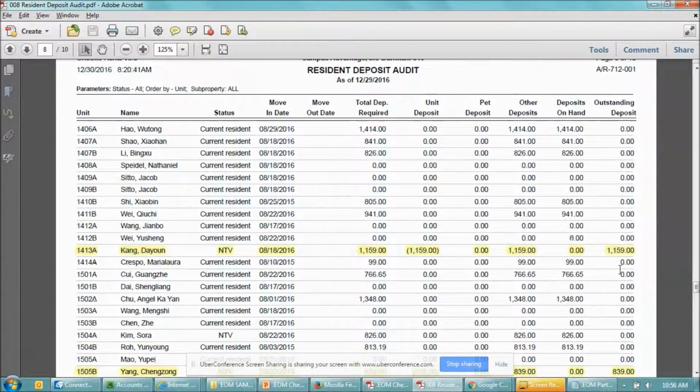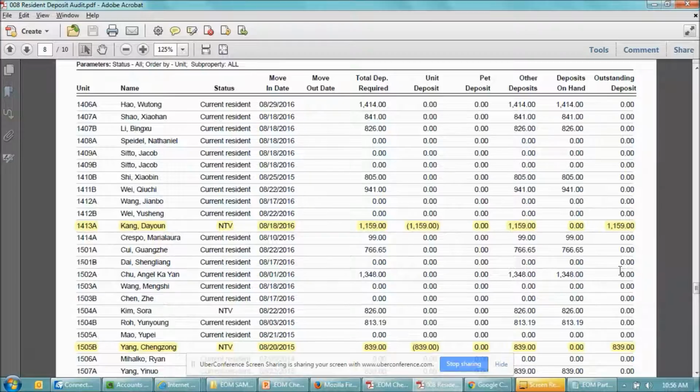And this is where that Excel version comes in handy because you can just filter. So once you come across an amount that is a non-zero, so here's 2. Kang has got $1,000 variance and Yang has a $800 variance. And what this means, we'll stick with Kang here, is we had required $1,159. But he has only paid 0, so he hasn't paid anything.